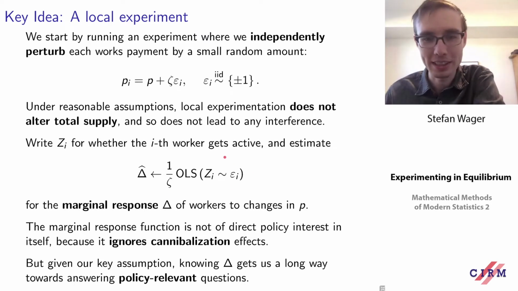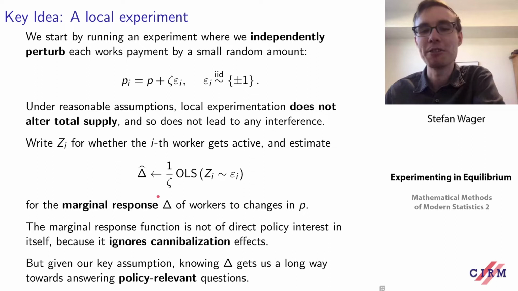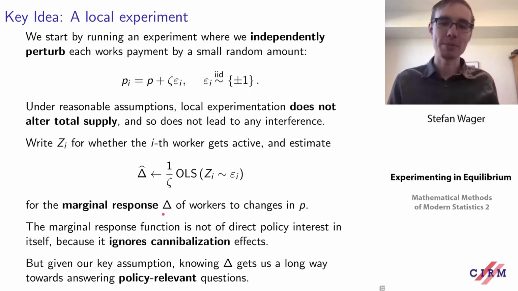So you can really think of this similarly to how you think about two-stage least squares, and therefore delta is like the local average treatment effect from a small shock to a continuous treatment. If you spend a lot of time thinking about those quantities, maybe that gives some intuition.